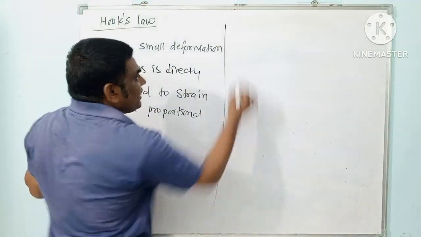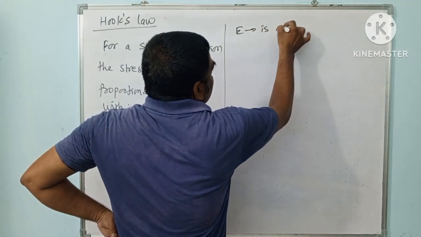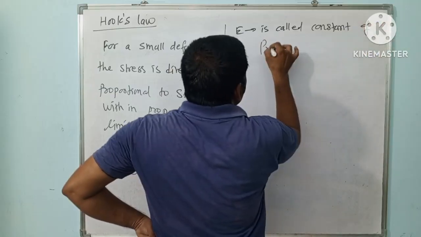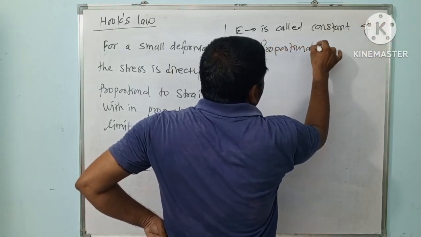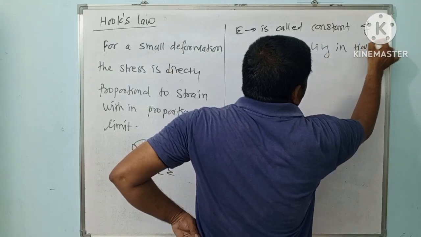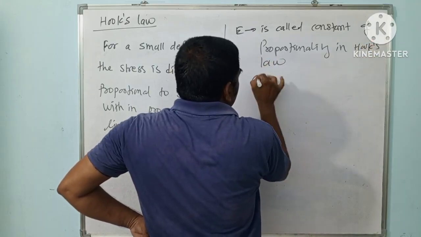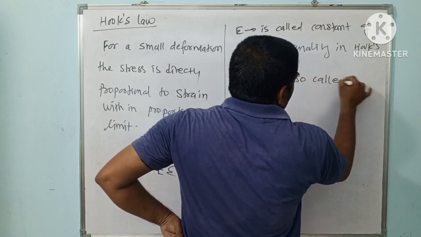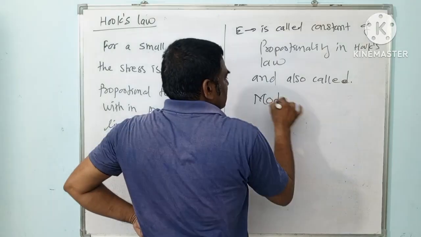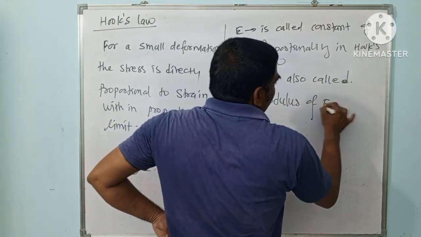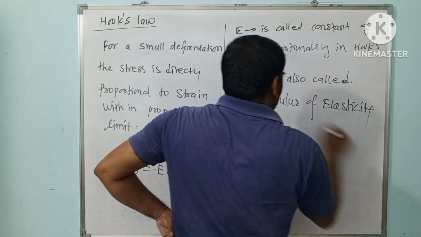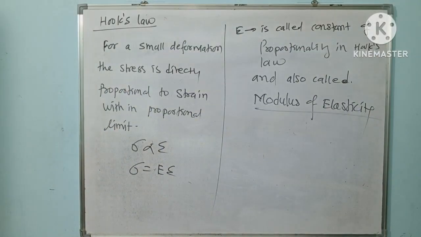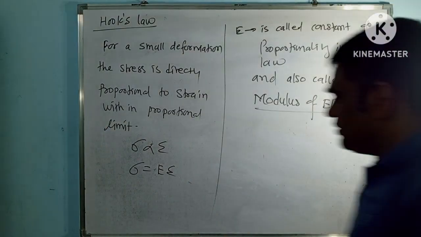Here this E is called the constant of proportionality in Hooke's law, and it is also called the modulus of elasticity. Remember, also called modulus of elasticity. Right? No problem?